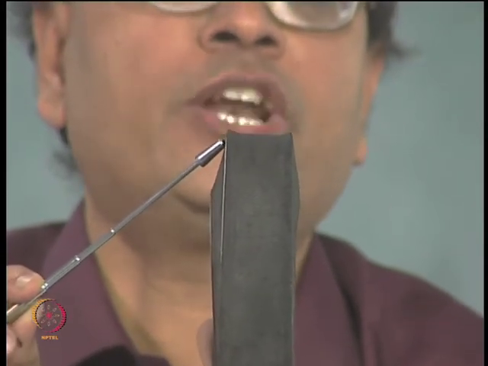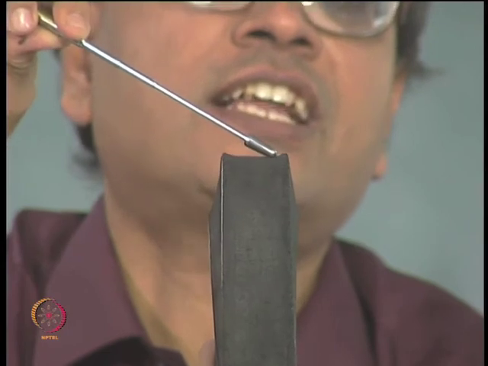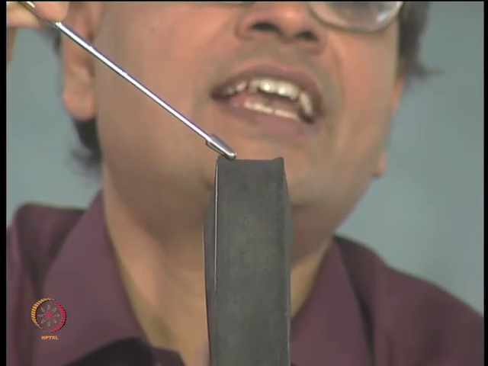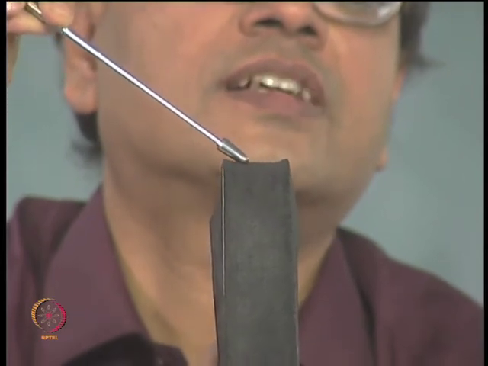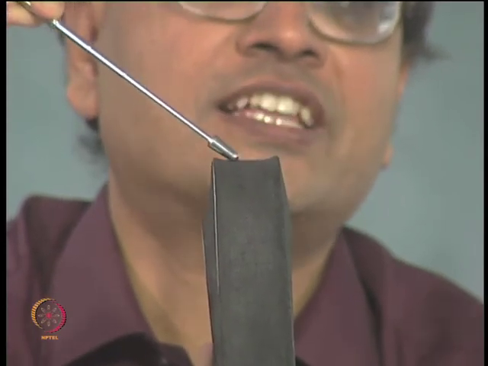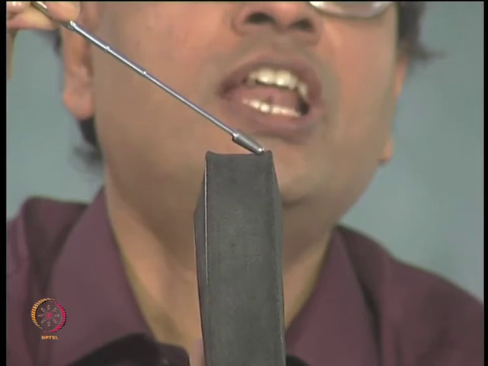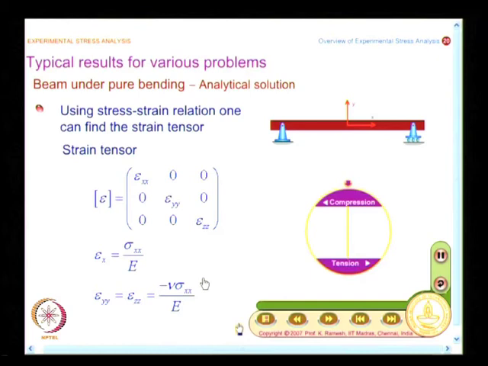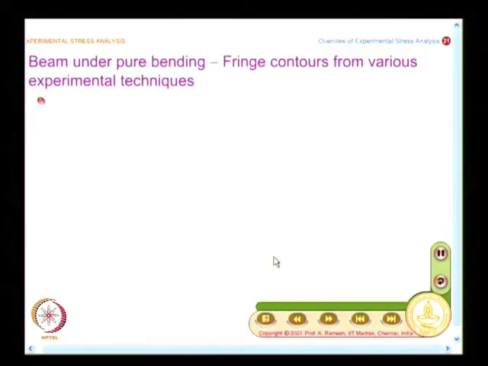And you also see one more interesting thing, you have additional curvature here because of this, and this curvature is known as anticlastic curvature, and none of this you might have heard in your first level in strength of materials if people have not gone deeper into the analysis of beams. Only when you go deeper into the analysis of beams you will find that these concepts you have to look at. And the experiment reveals this, and that we will see very closely when you see the fringe pattern.